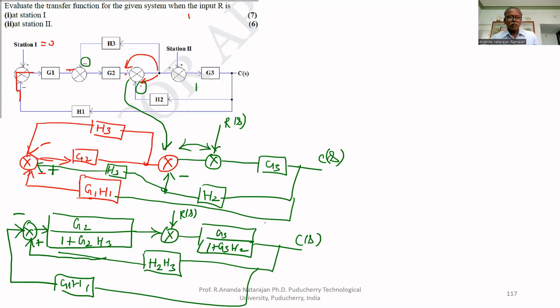Now these two are in parallel. These two are in parallel feedback. That's why what we can do here is, I am redrawing the figure like this.